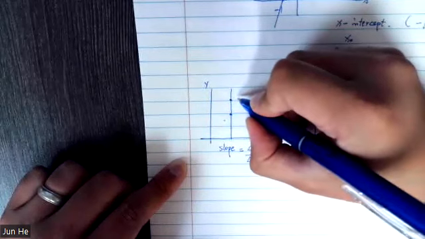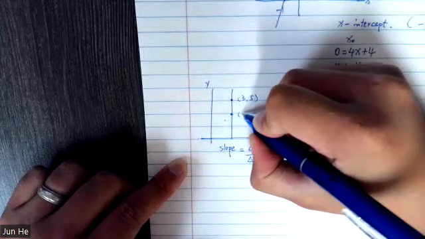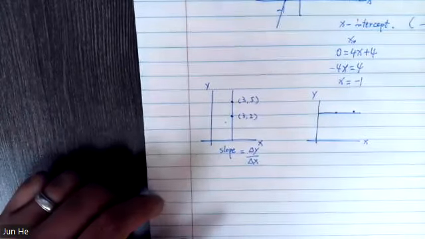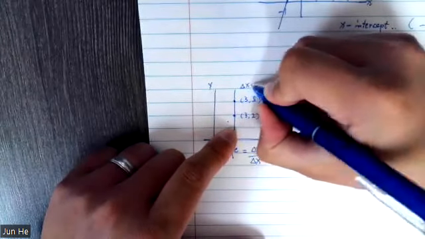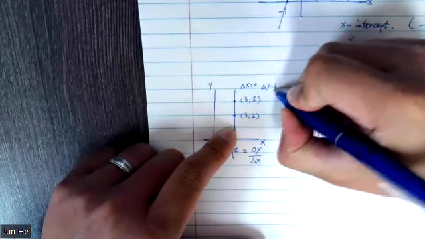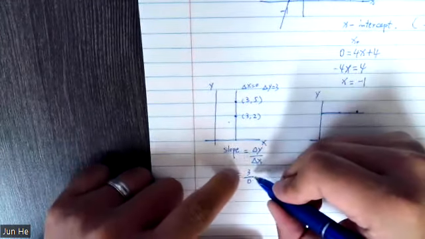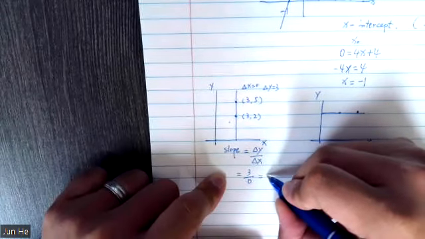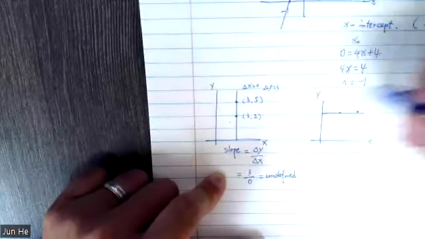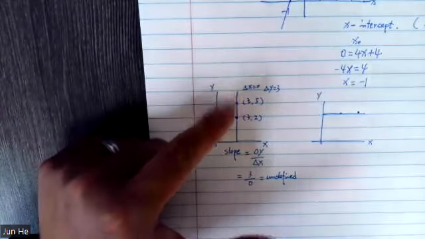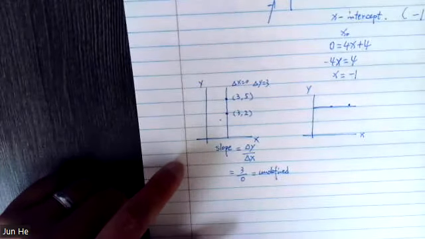And here you can see it is, say, (3, 5) and (3, 2). And in here, the x doesn't change. So between these 2 points, delta x equals 0, delta y equals 3. So for this case, it's 3 over 0, where delta y is 3, delta x is 0, and it is undefined. That's why we say a line with a purely vertical shape has an undefined slope.